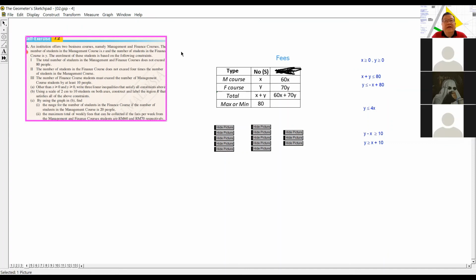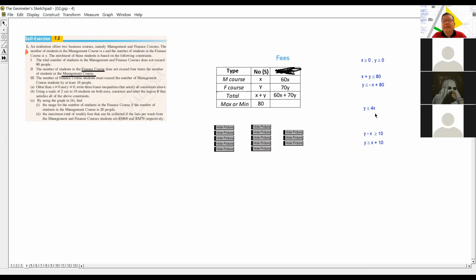And does not exceed 4 times the student in the management course. This is represented by x. So y does not exceed 4 times x. So the inequality that we have is this one. Y must be less than or equal to 4x.